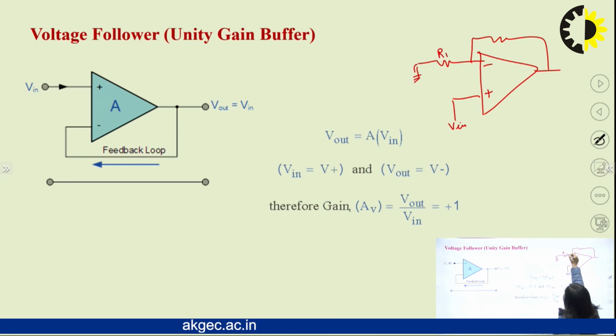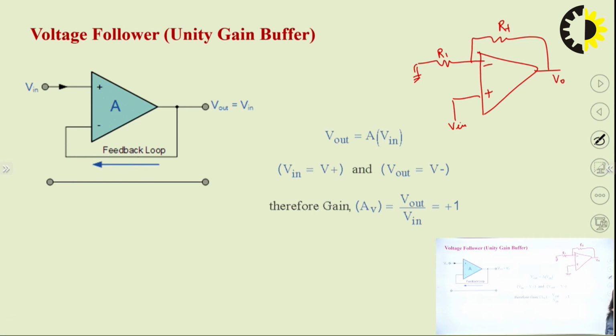This is R1 and this is RF, and this is the output voltage. So this is the non-inverting amplifier. And if we put here R1 as infinite and RF as 0, this circuit will be reduced into this circuit. We will see this in this way.